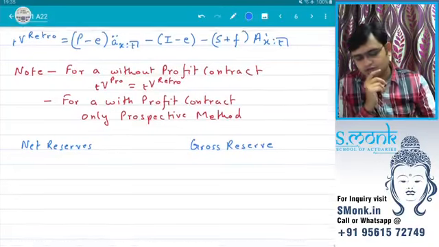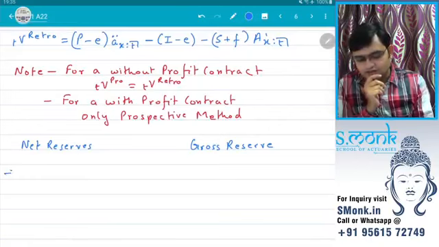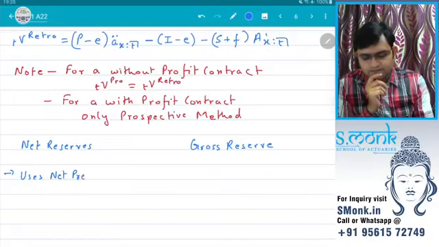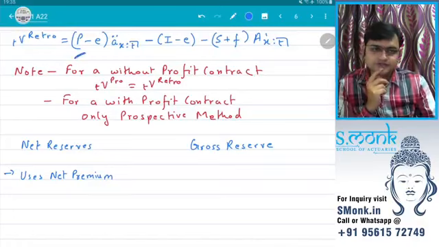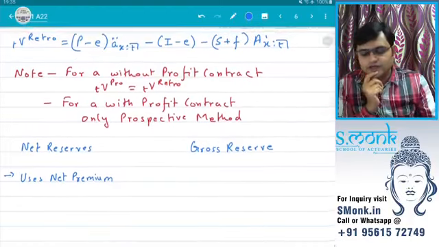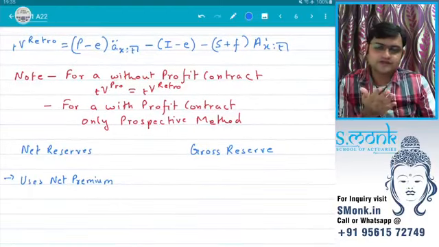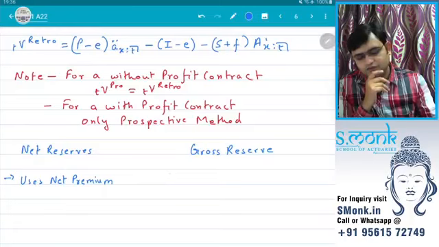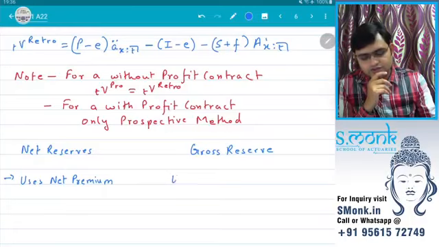So first thing, when we are talking about net reserves, it uses net premium. We have already calculated premium, and using that we are calculating our reserves, right? So if you want to calculate net reserves, we'll be using net premium. For gross reserves, you will be using gross premium.